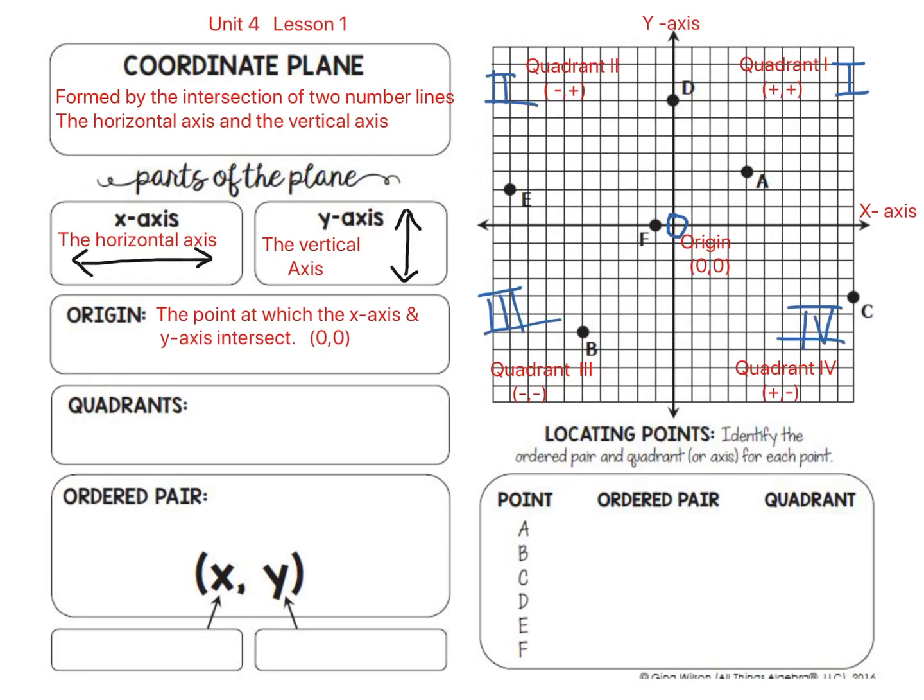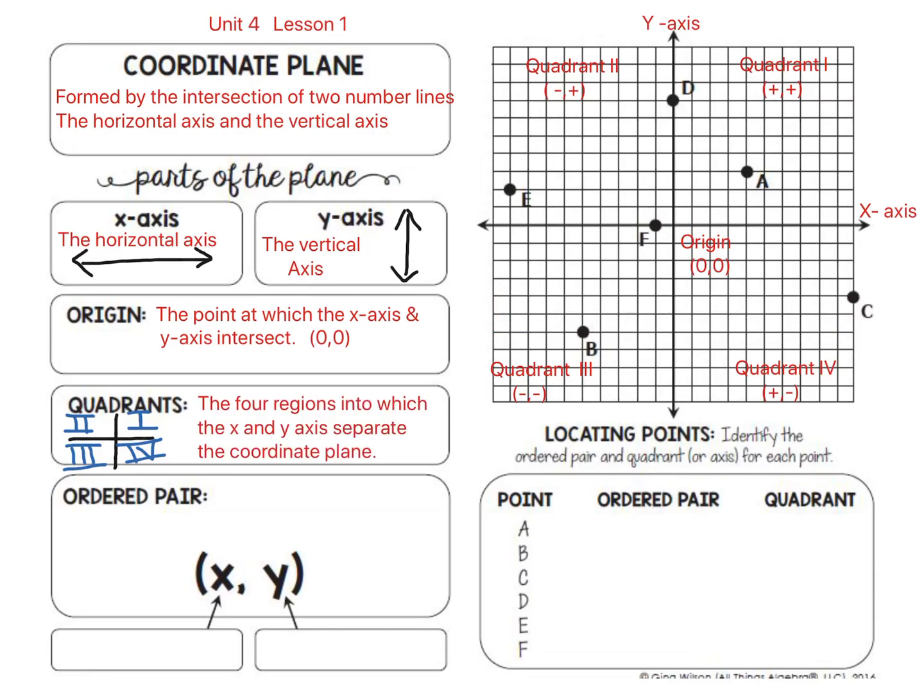So quadrants 1, 2, 3, and 4. And those are just the 4 separate regions of the coordinate plane that are separated by the x and y axes. So let's fill in that definition for quadrants. All right, and I also drew myself a little rough sketch just to help me remember as well.